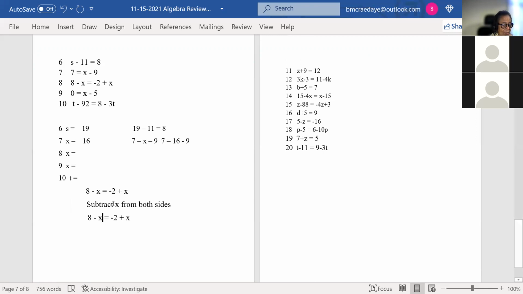So let's take this, copy it, and subtract the x on the left and subtract the x on the right. Okay, Maureen, what do we get on the left side? 8 minus x minus x. You get 8.